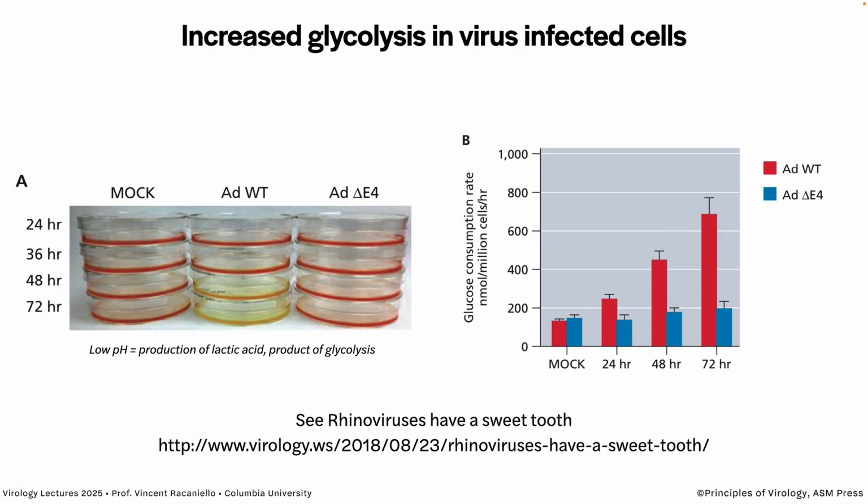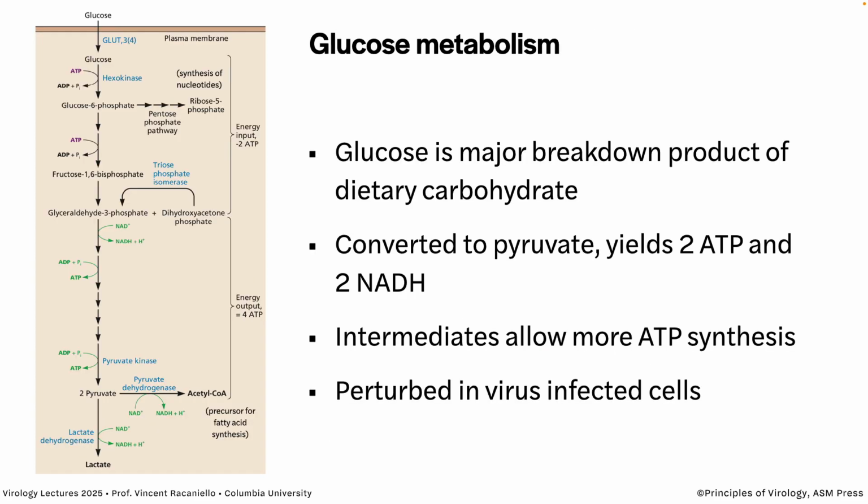So there's an increase in the consumption of glucose. Many viruses have a sweet tooth. Rhinoviruses are another one. So what is this sweet tooth? Glucose metabolism. So you eat carbs, and glucose is a major breakdown product of those carbs. And glucose circulates, and it's taken up into cells by the GLUT transporter.